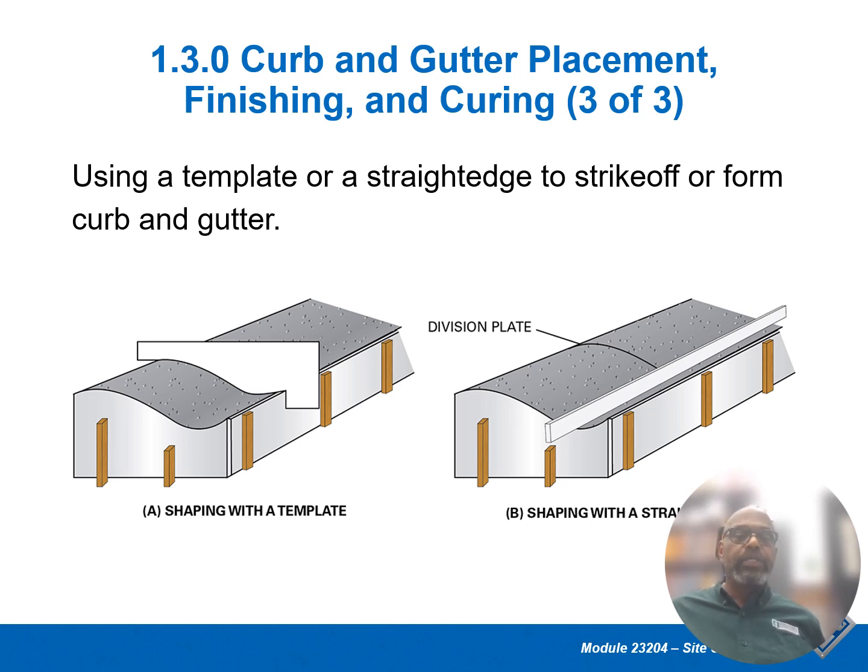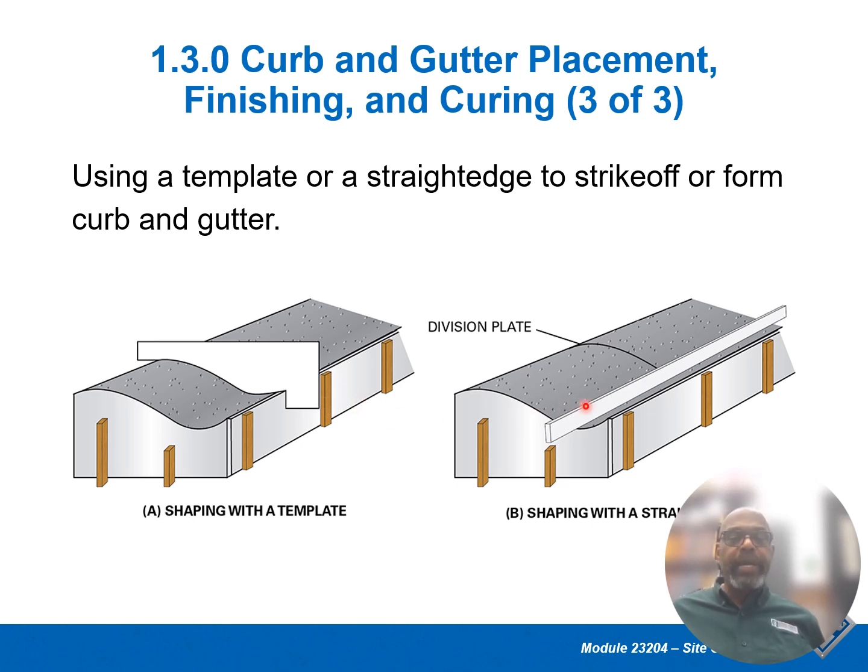And here you can see what they're doing. They get a template right here. Let me just use this laser. This is a template, and they're just running this to actually shape the form. It fits on this part of the form and on that part of the form, on the back side of it. So they're using this to screed it out. Because it's a 3 to 3.5 slump, it will hold its shape very well.